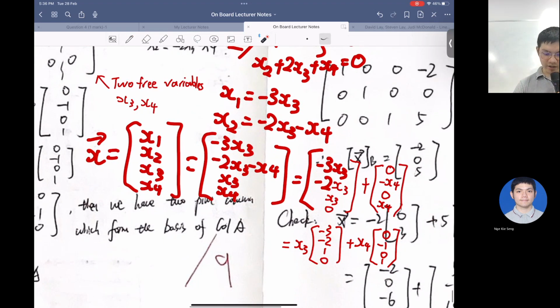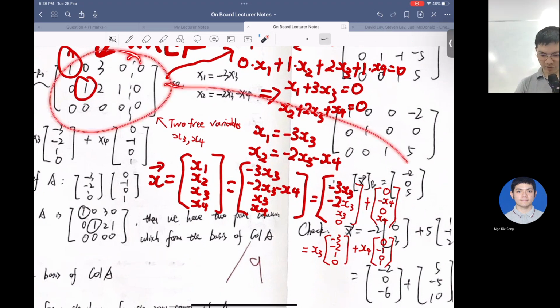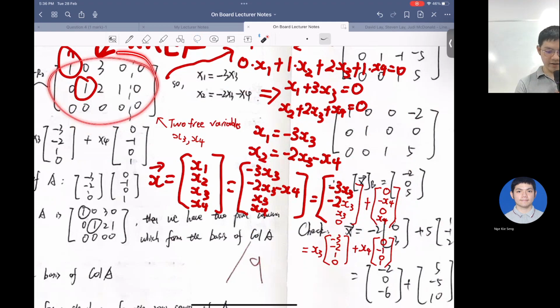If you already know this step, actually you can straight away go from here to here. Straight away go from REF, you can see this vector out, right? Okay. So you can see that here is like here.